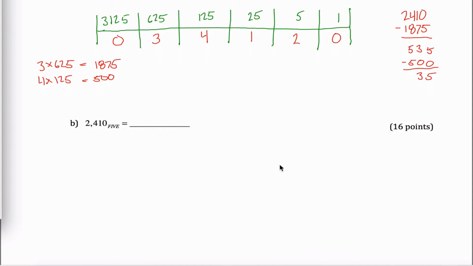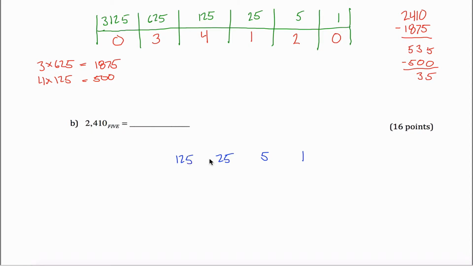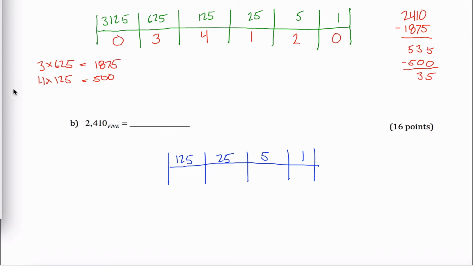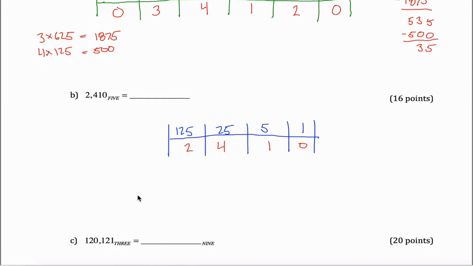So I'll set up the same chart. Here, since I have 4 digits, I know exactly how many columns I need to make. I got the 1s, the 5s, the 25s, and the 125s. So I take this number, 2410, and what that means is 2 boxes of size 125, 4 boxes of size 25, 1 box of size 5, and 0 singles.